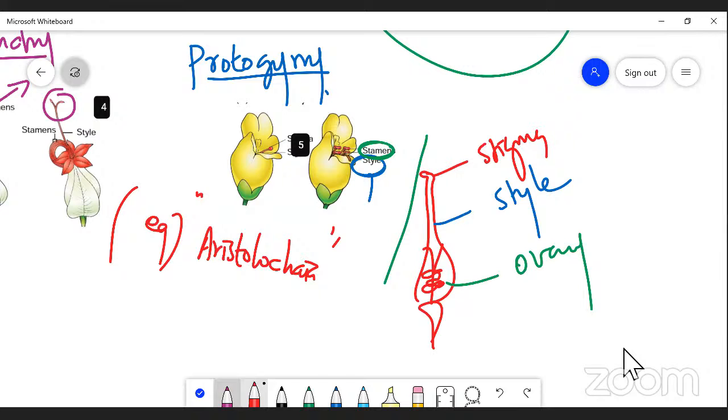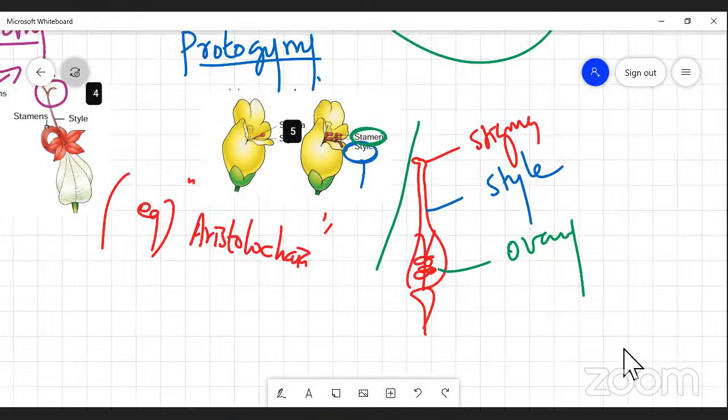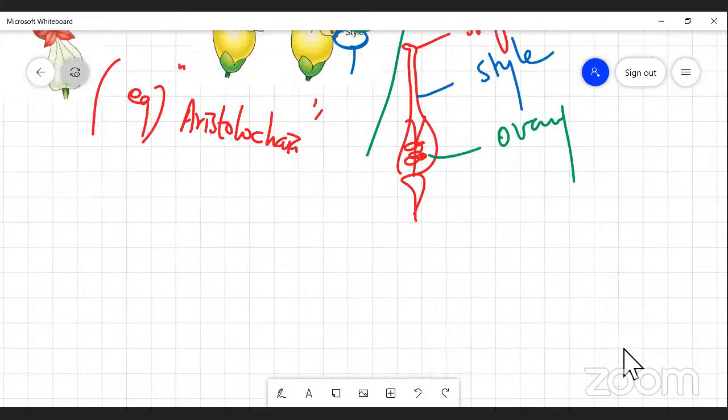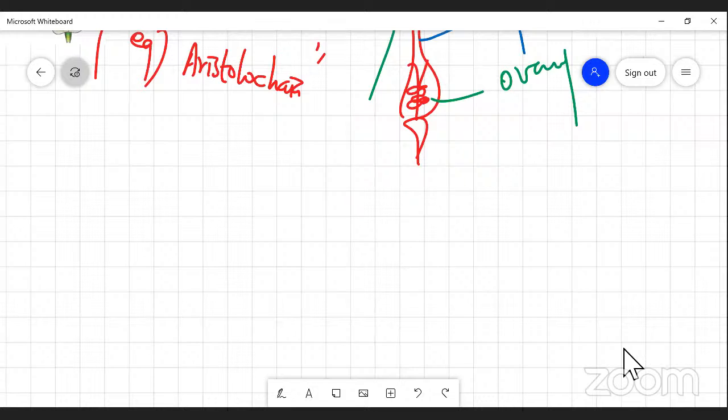Next we pass on to another type, ergogamy.